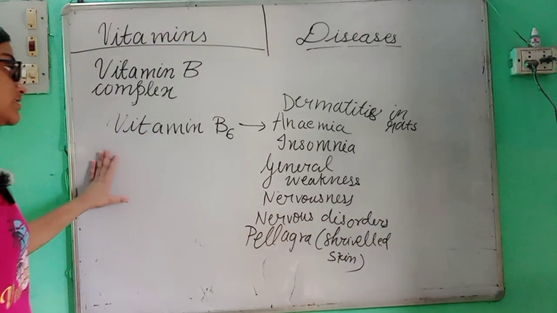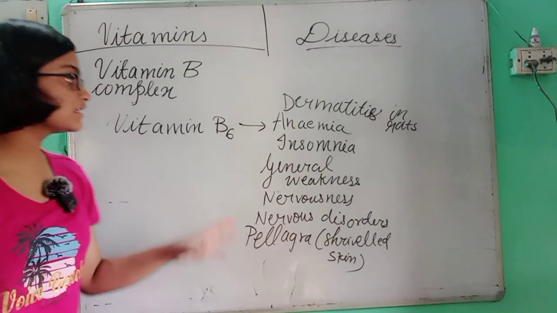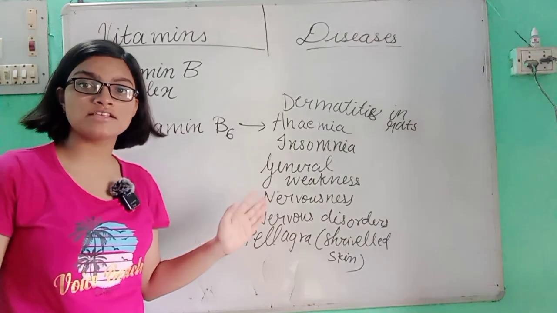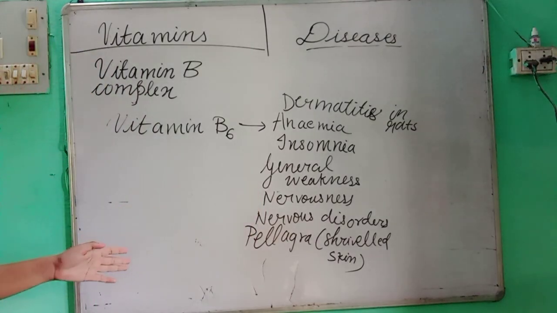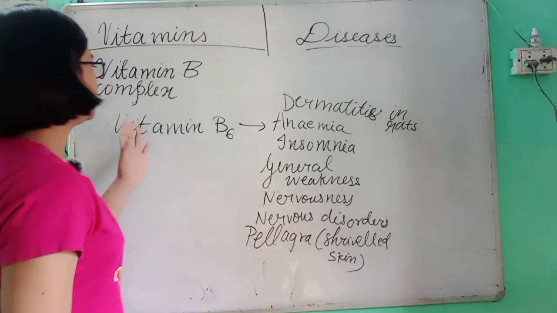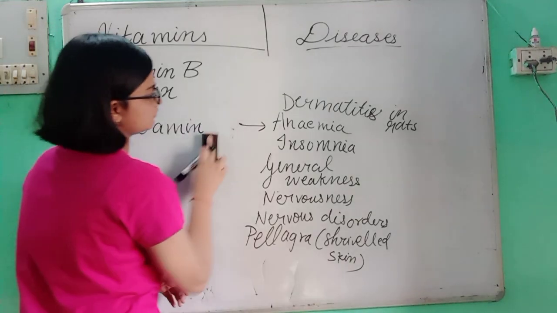So these are the diseases caused by vitamin B6: dermatitis in rats, anemia, insomnia, general weakness, nervousness, nervous disorder, pellagra, shriveled skin. Now, let us move on to vitamin B12, the last vitamin B of the vitamin B complex.